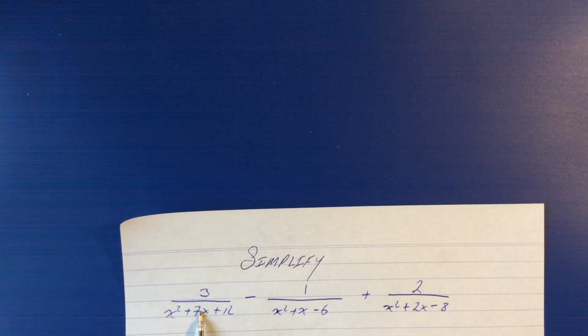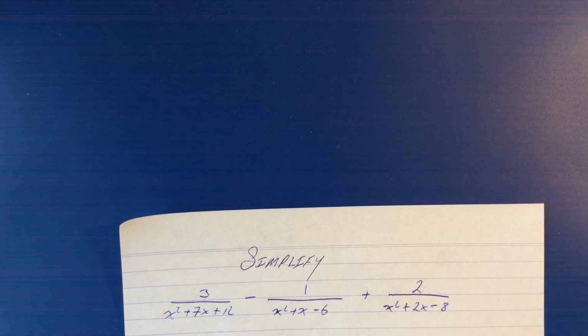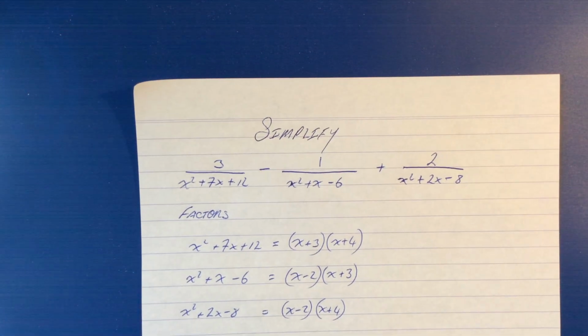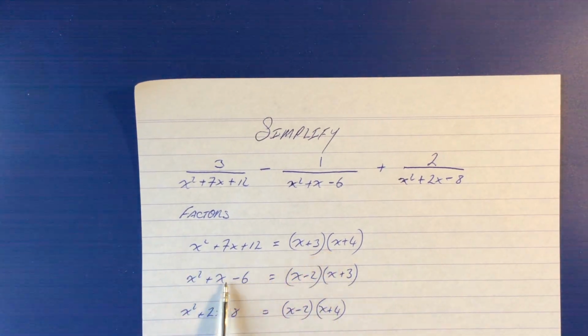You'll notice that this, and this are each quadratics. So the denominators here are quadratics. And what I'm going to do is factorize those as a first step. And I've done so here. You can see that each one of them has been factorized. They're very easy to factorize.